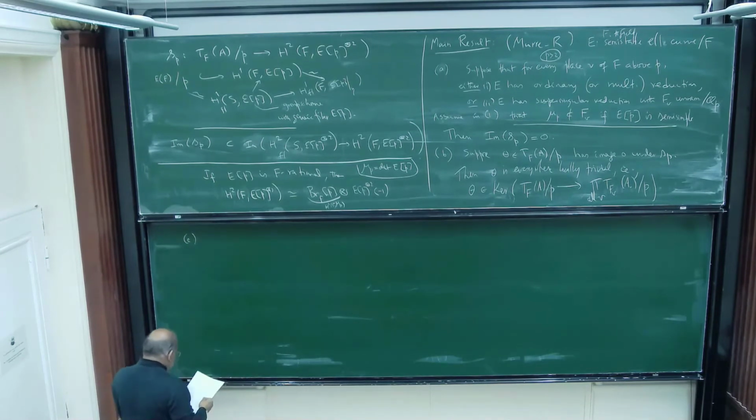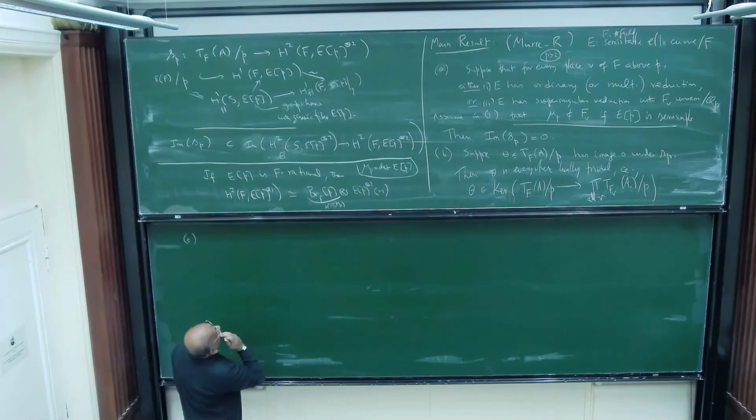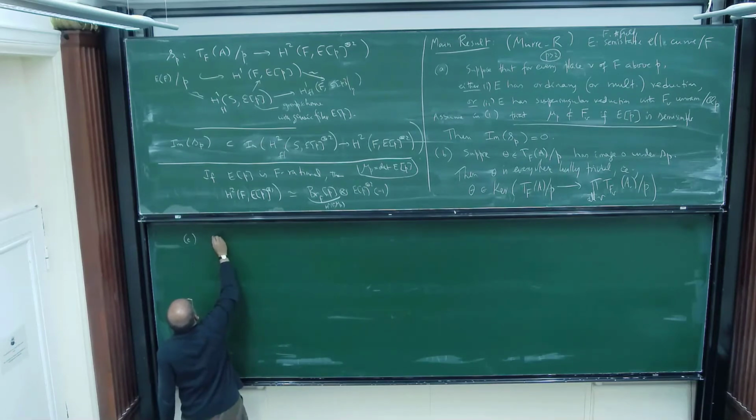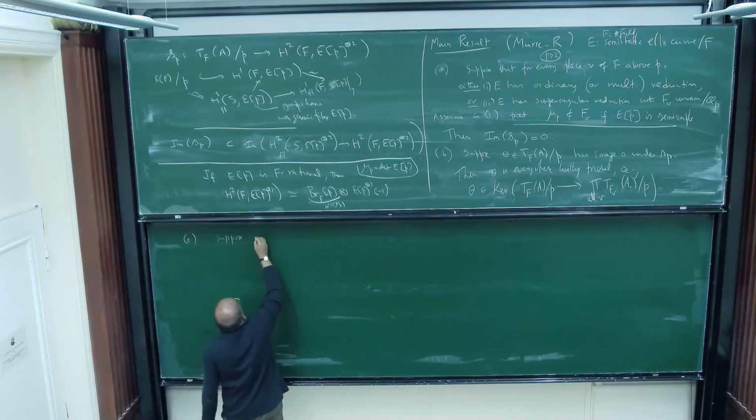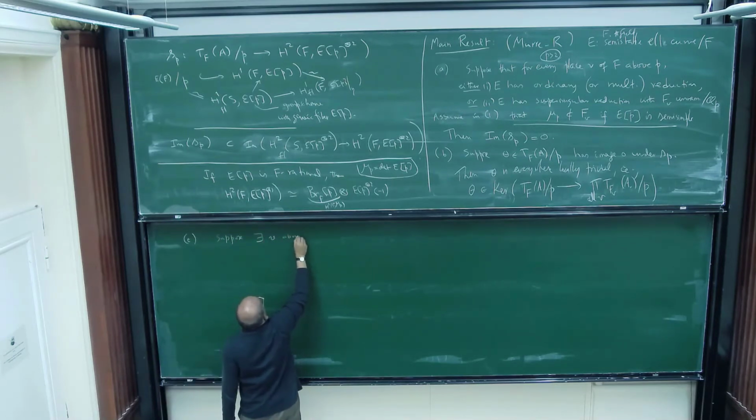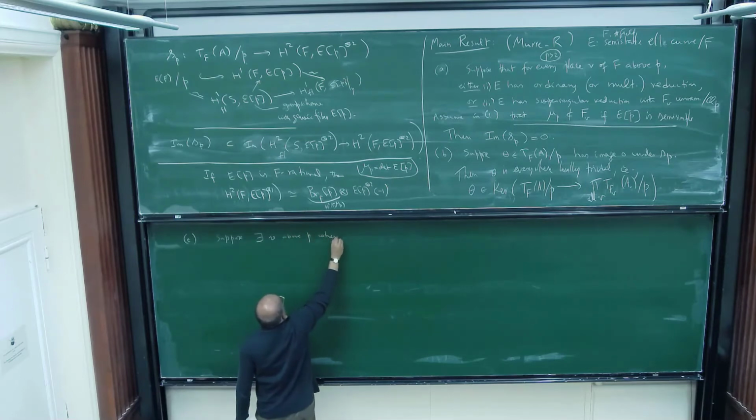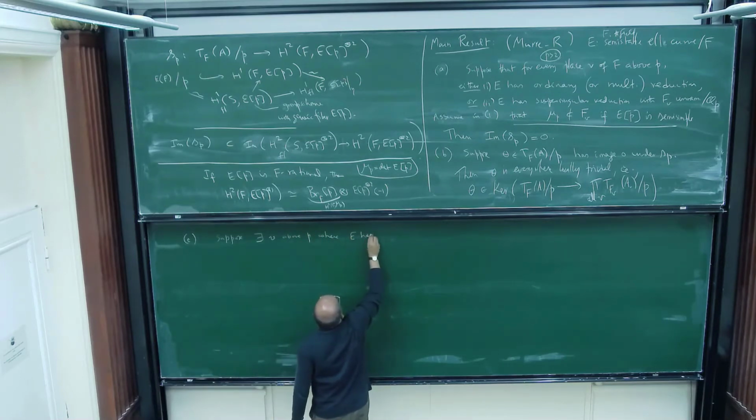So the point of part C is that, now suppose there exists a place V above P where E has good ordinary reduction.